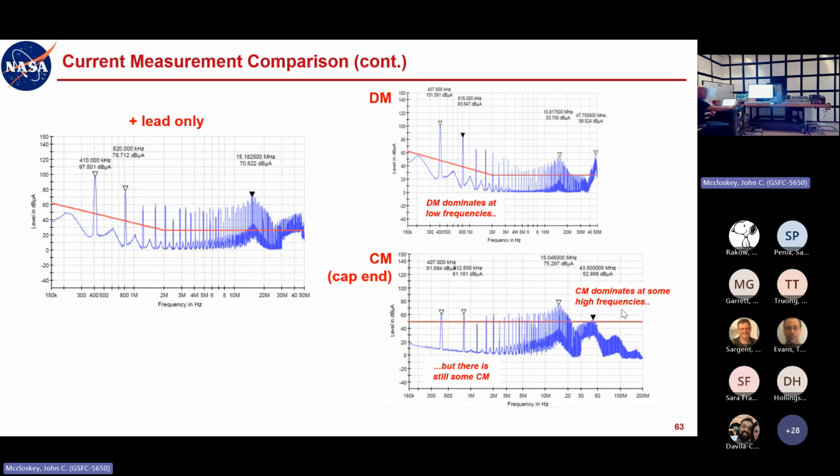And then common mode clearly dominates at least at some high frequencies, but there's still some differential mode. But when you make the measurements directly, you know how much of each one you're dealing with. And you need to know that to implement a proper solution. Differential mode filtering is not going to help you with a common mode problem, and vice versa.